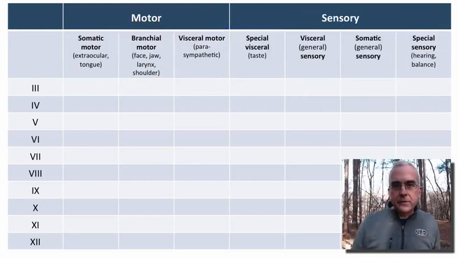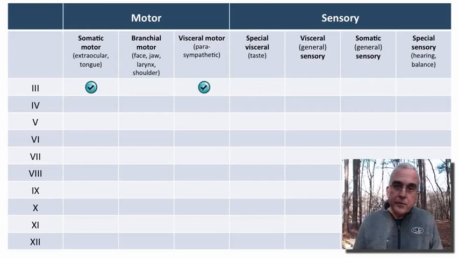What I'd like to do next is just walk through nerves 3 through 12 and identify which components we find associated with each. So beginning with nerve 3, our oculomotor nerve. What we have in the oculomotor nerve is a somatic motor function and a visceral motor function.